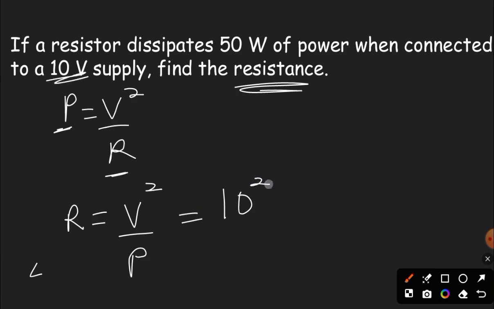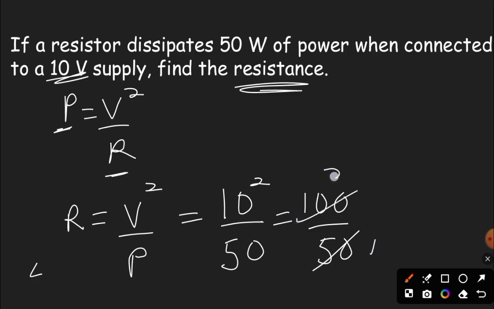So that's our voltage, 10 squared over the power, 50 watts. So 10 squared is 100 over 50. So 50 here 1, 50 here 2. So our answer is 2. And what's the unit for resistance? 2 ohms. That is it.